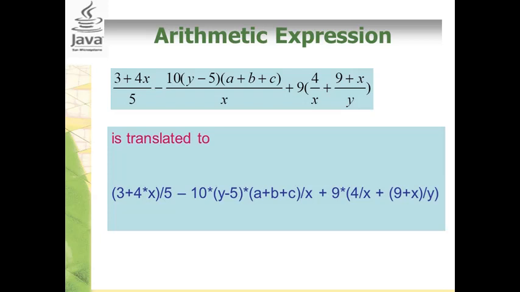And don't forget, although there is no multiplication symbol in the mathematical formula, we need to put the multiplication symbol in Java. Java will not understand 10 times a bracket without the symbol, or 9 times a bracket without the symbol. We need to explicitly put the multiplication symbol.